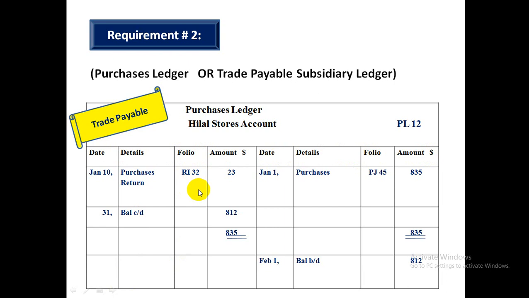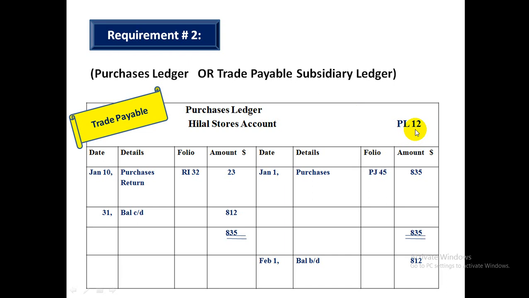Only this folio column is the new thing for you. This is actually the ledger account of Hilal stores, the trade payable account, which will tell us how much amount we owe to Hilal stores. The number we had assumed for him already can be given to him for cross reference.